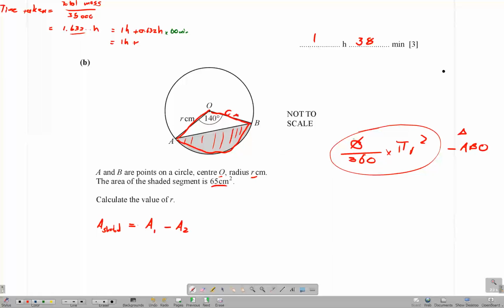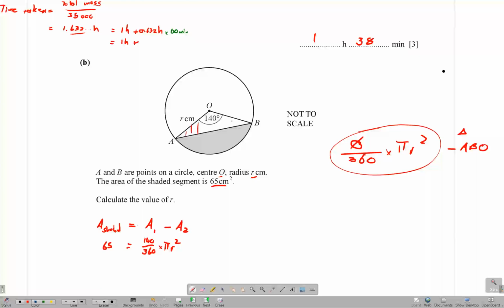So we just said that that is the angle over 360 times pi r squared. Okay, great. So we have 65. So that area of the shaded portion is equal to 140 divided by 360 times pi r squared. Okay, great. We don't know what the value of r is. We're happy. Now we just need to find an expression that can define the area of this OAB.